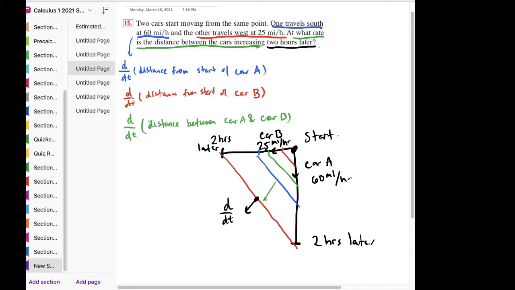What geometric shape does this make? All these specific states in time, what geometric shape is this? I mean, a triangle, but how about specifically? Yeah, it's a right triangle. Why do you know it's right?